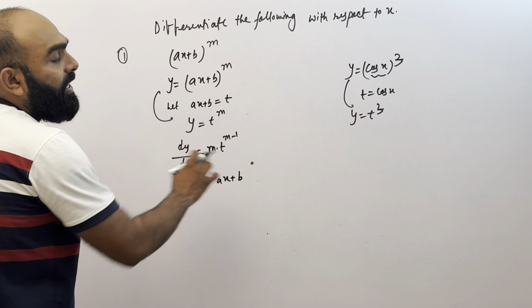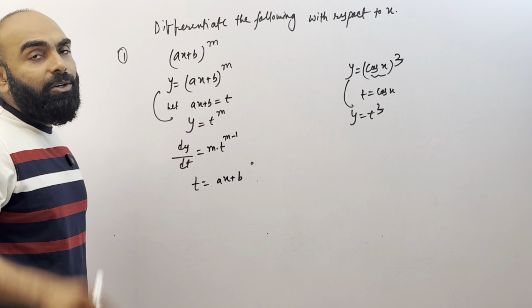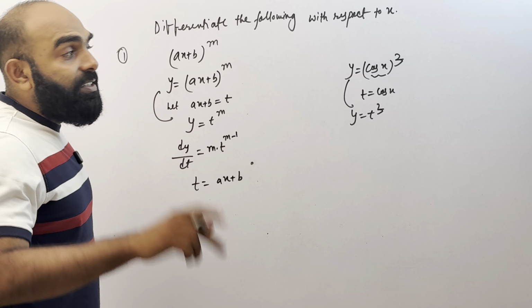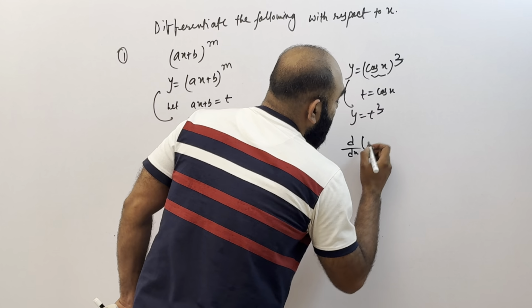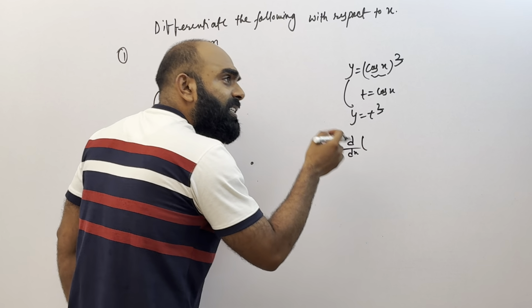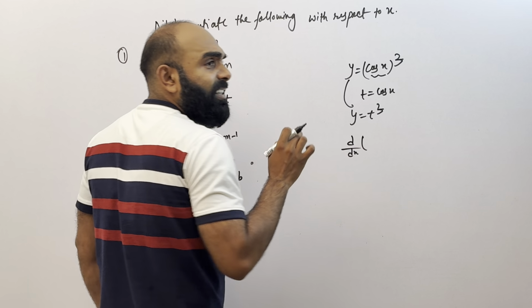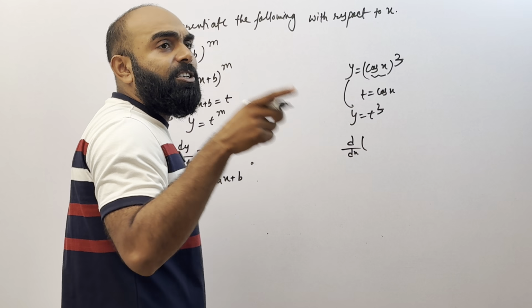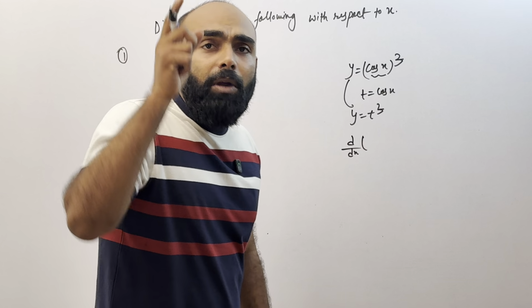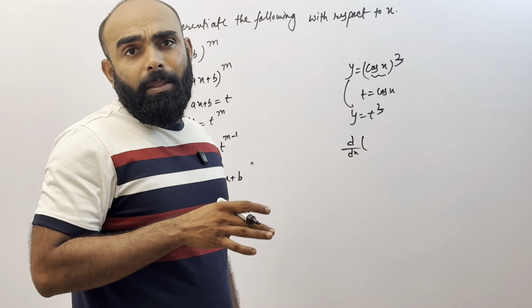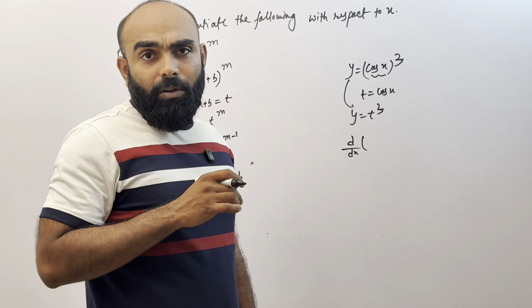Where a is constant and b is also constant. I told you last class, the differentiation of a constant: d by dx of anything, whether it is dx, dt or dz, the differentiation of a constant with respect to any function or any variable is 0. I have written d by dx of a constant term.